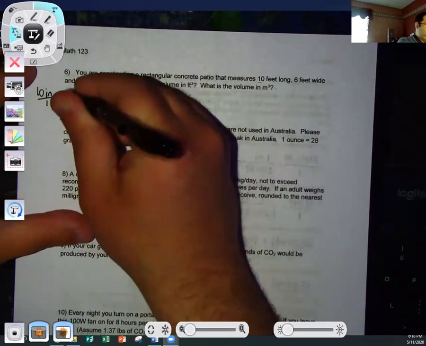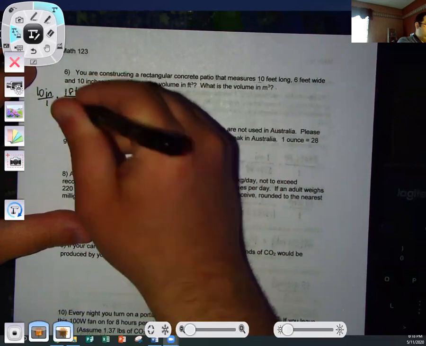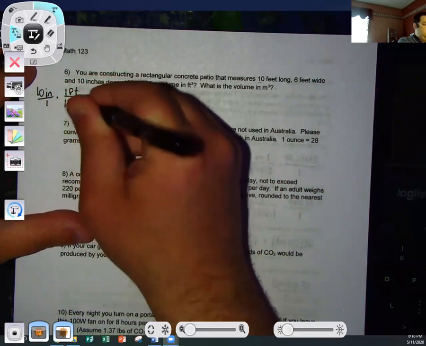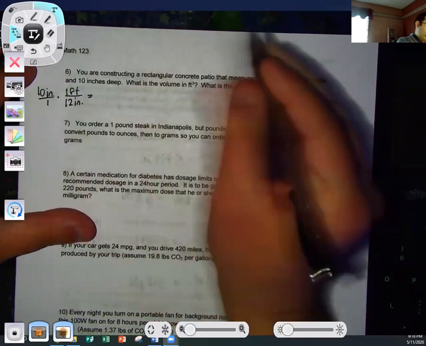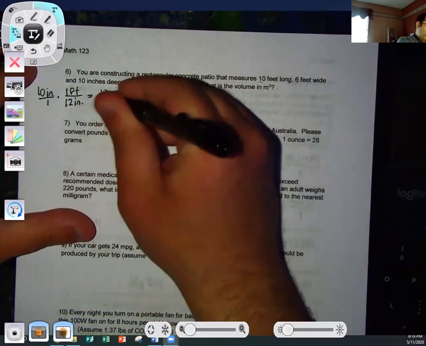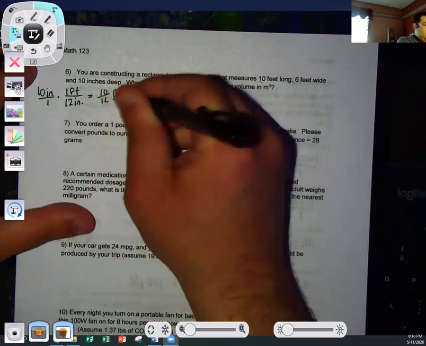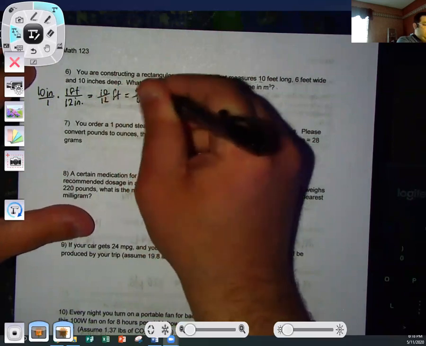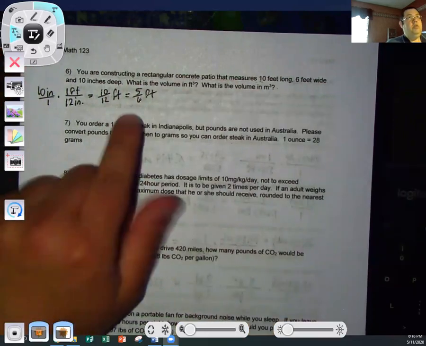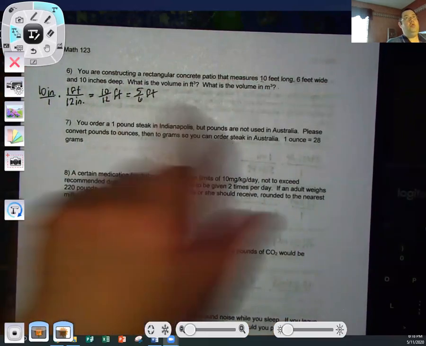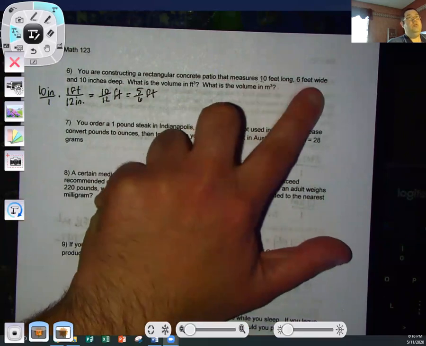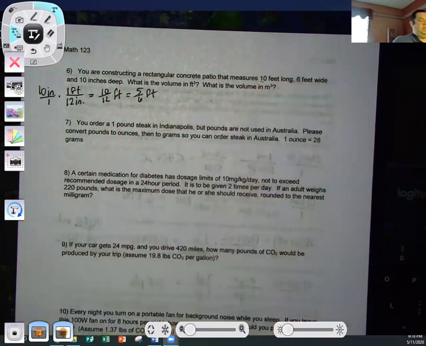So I would use the conversion factor that 1 foot is 12 inches. So when I do that multiplication, we end up with 10 over 12 feet, which is 5/6. I'm going to leave it as 5/6 only because of these 2. It makes it easier to cancel and work with.